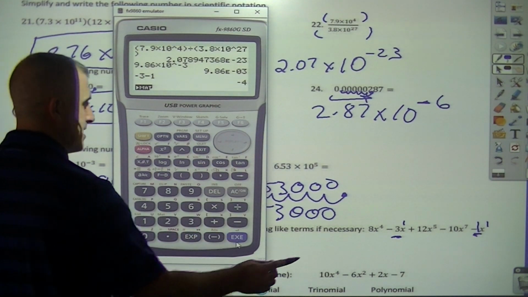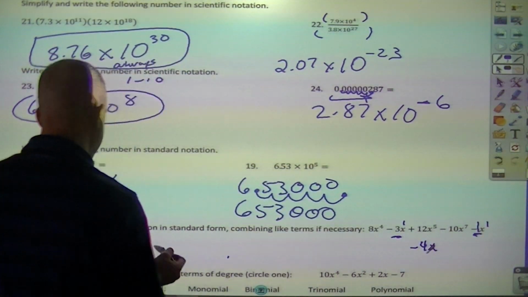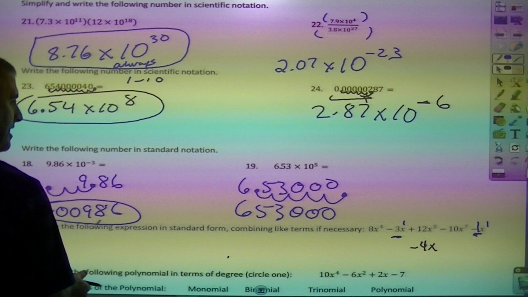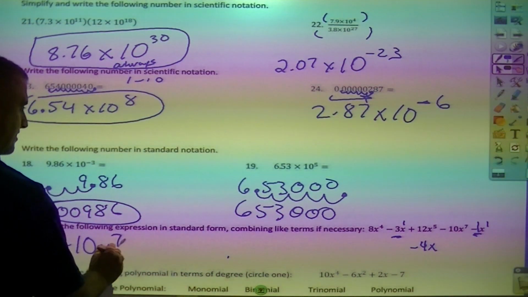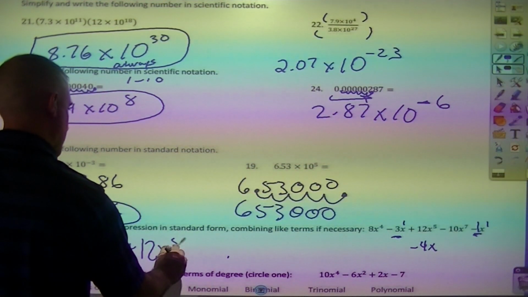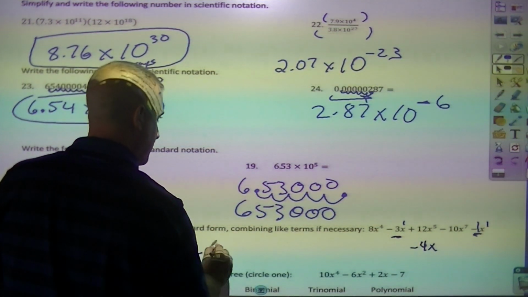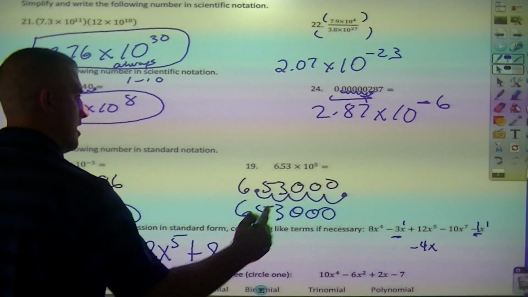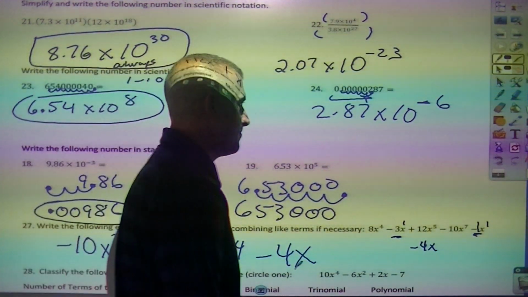So basically that's going to be -4x, okay? Now, standard form means biggest exponent first. So I'm going to do -10x to the 7th, because that's the biggest exponent. Next biggest exponent is the 5 exponent. The next biggest exponent is the 4, and the last one would be the x. So that's what it would look like in standard form, okay?